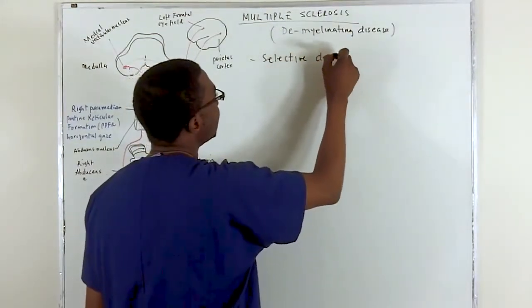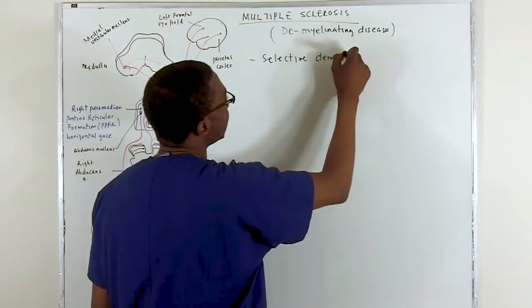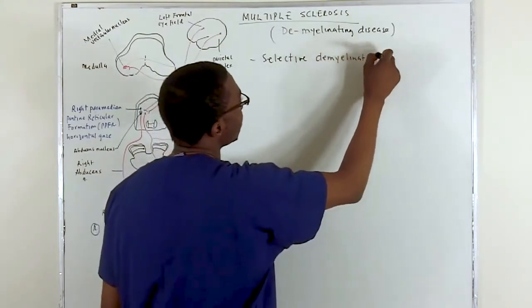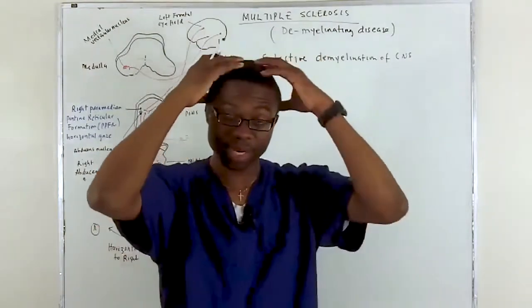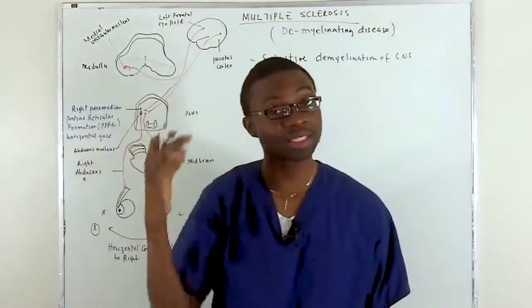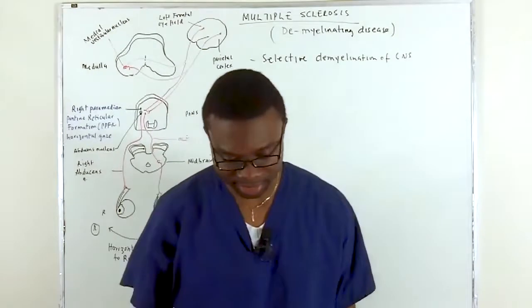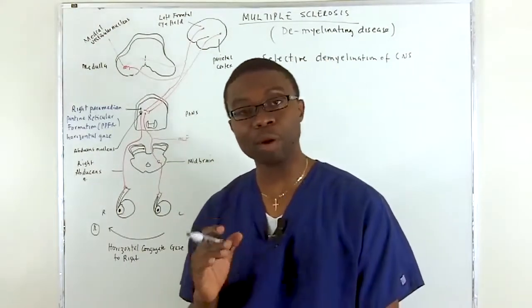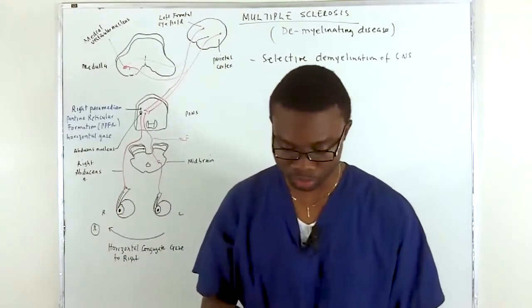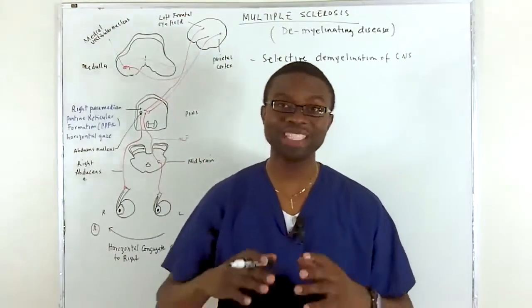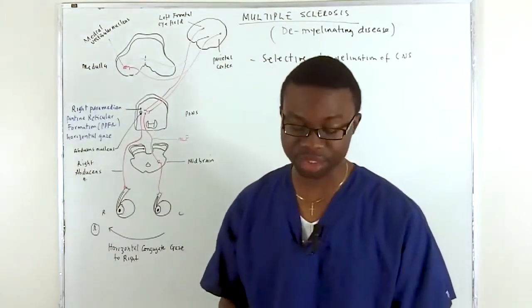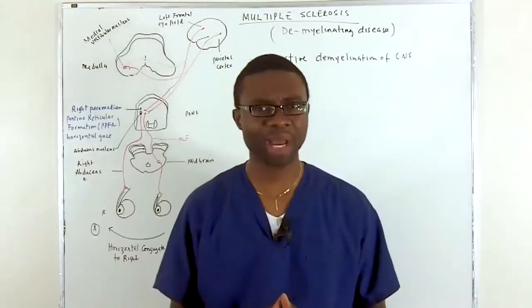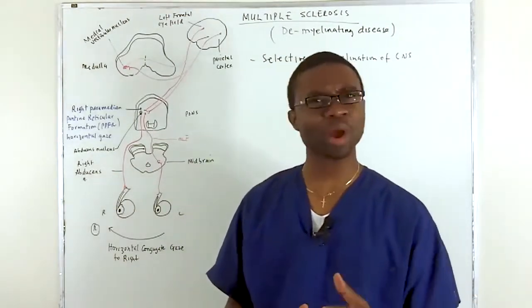Selective demyelination of the CNS. Remember, the CNS is made out of the brain and the spinal cord. But in this case, there are multiple focal zones of demyelination, which are basically plaques inside the central nervous system that are spread around the white matter. Wait a minute, where did white matter come from?